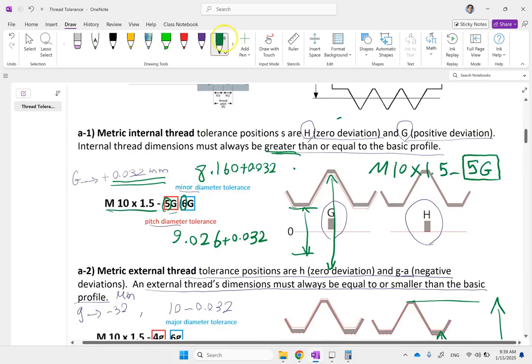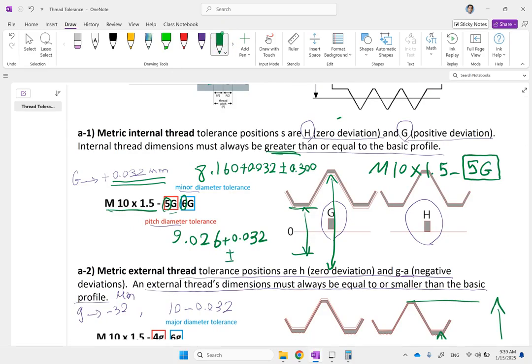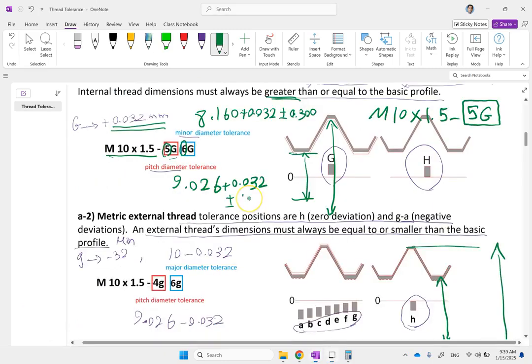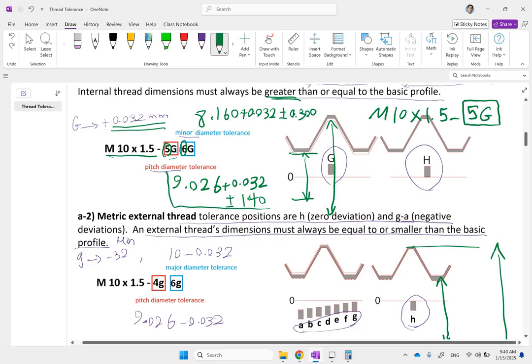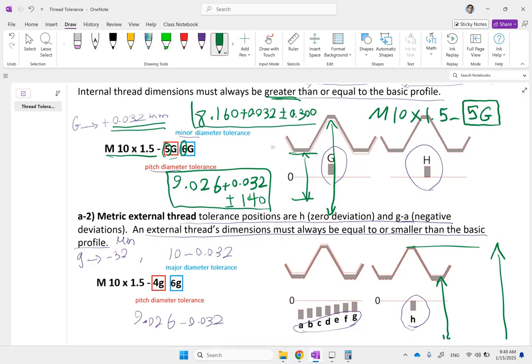So if we come back here, then this is going to be plus and minus 300, and this is going to be plus and minus 140. Done. So first you add these two numbers together, and then plus minus that is the tolerance for the pitch. Then you add these two numbers together, plus minus 300. That is the number for minor diameter of this internal thread.